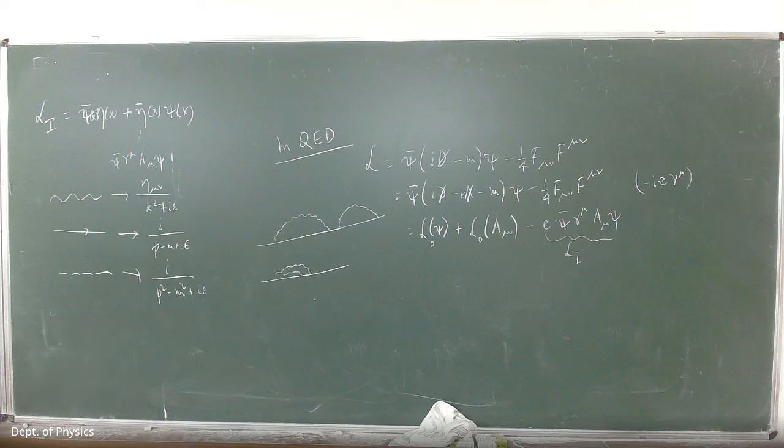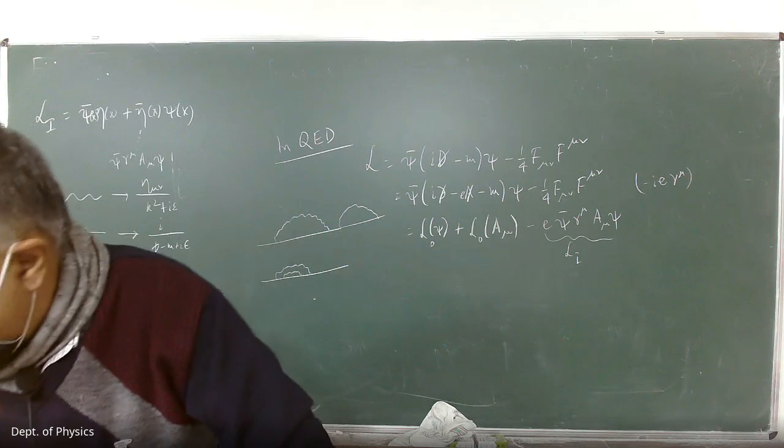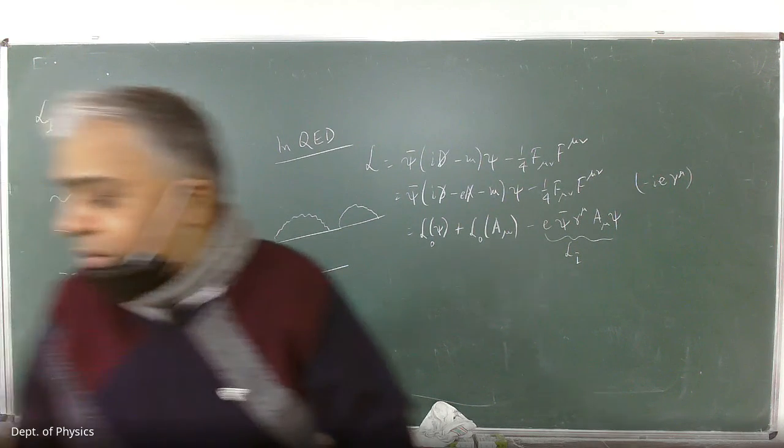There are infinitely many possible such diagrams, but fortunately for you, because the vertex contains e, and e square, the fine structure constant, is small, you can ignore terms beyond a certain order. There is a perturbative expansion, and in QED it more or less works well, but there are some subtleties. This is a whole new topic that we will encounter.